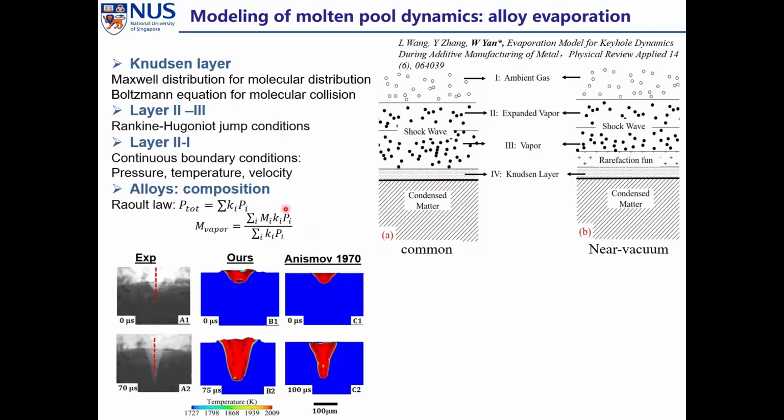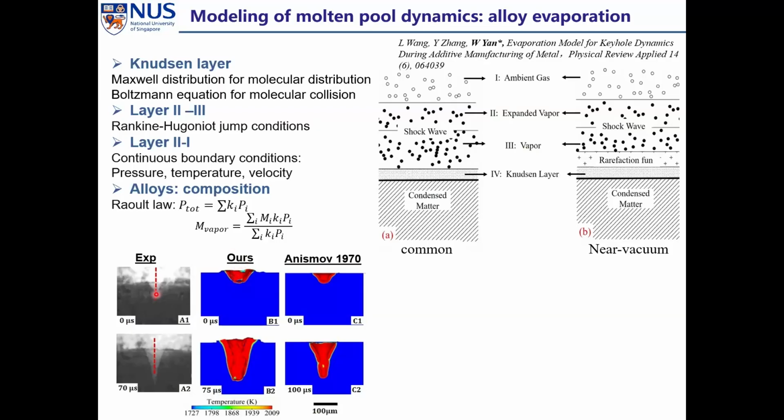They do not consider the influence of chemical compositions, and we consider the influence of chemical compositions. More specifically, we consider different chemical elements will have different evaporation rates under the same condition, temperature and ambient pressure.